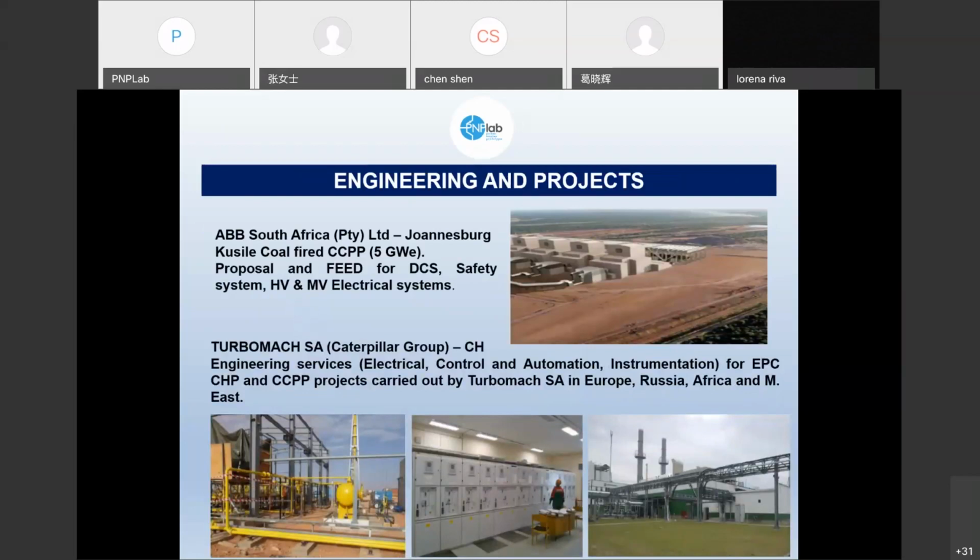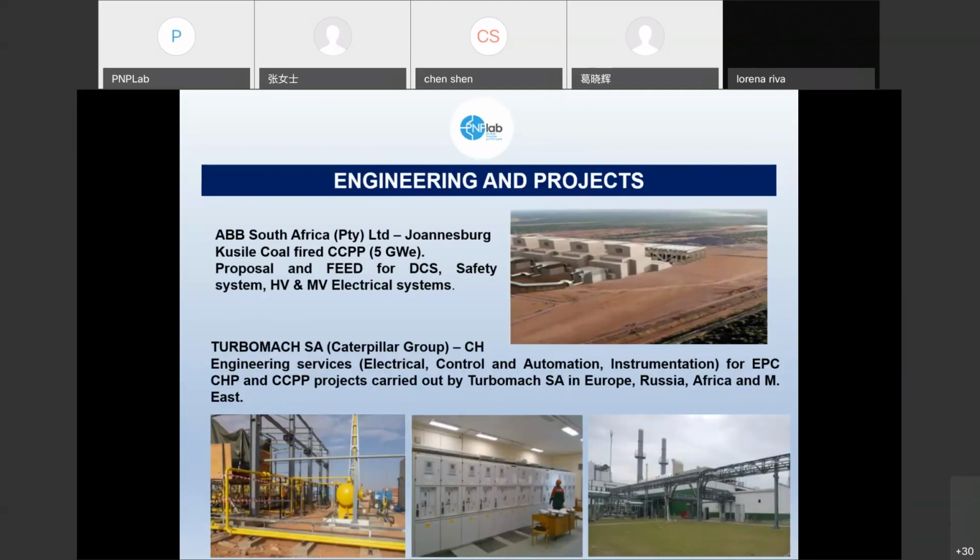Also for international projects such as for ABB South Africa, for the Johannesburg coal-fired combined cycle power plant, with proposal and feed for DCS, HV and MV electrical systems.